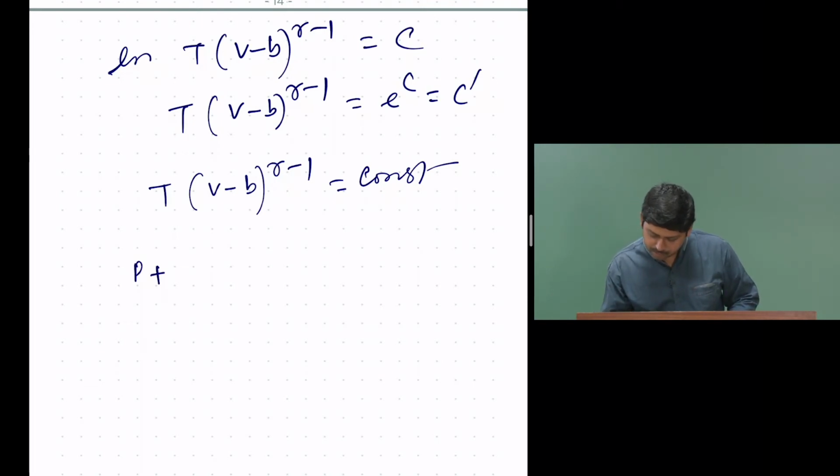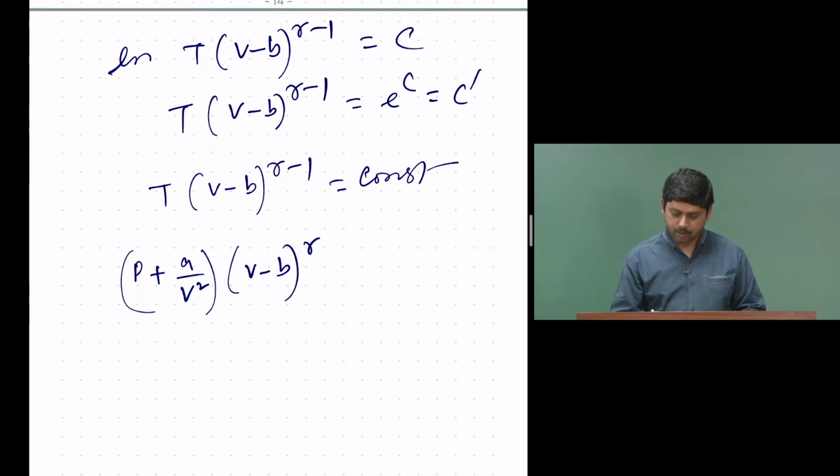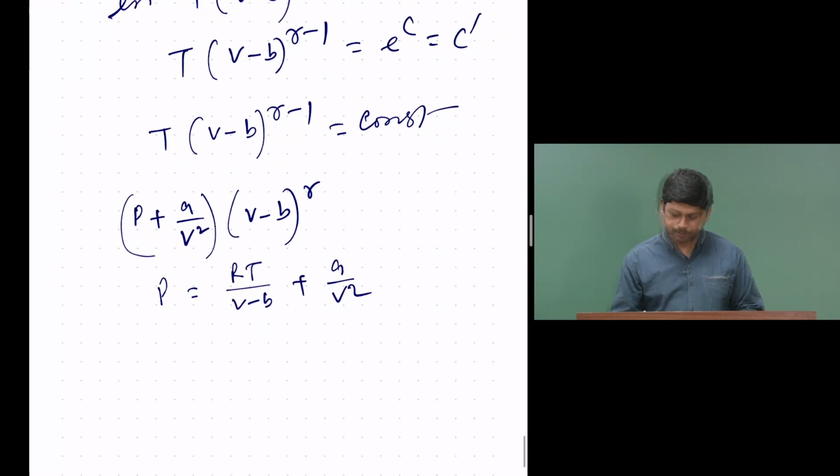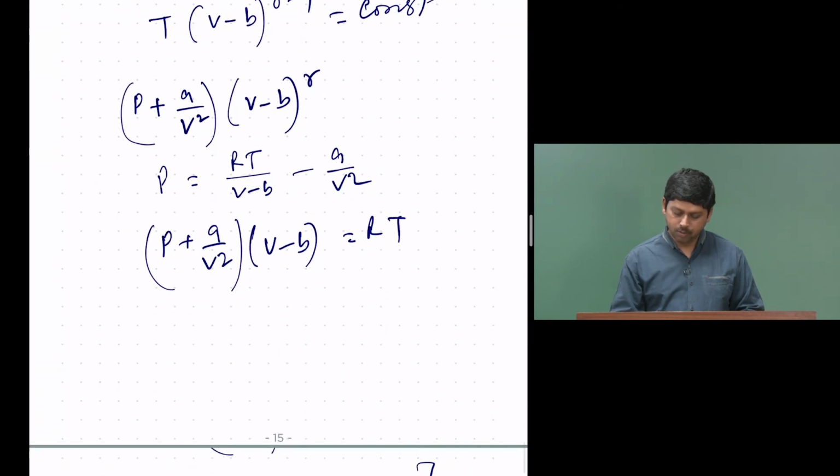So, this we have shown, and that is the same as showing the last part, that (P plus a by V square) times (V minus b) to the power gamma is a constant. You know that P equals RT by (V minus b) minus a by V square. So, P plus a by V square, into V minus b, is RT, that you know.